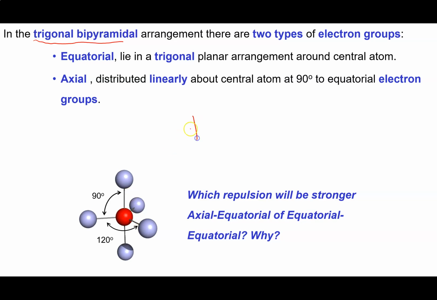Is the trigonal bipyramidal electron group arrangement. We see this for steric number equals 5. It's interesting because we have 2 types of electron groups. There are these axial ones, and then there are these equatorial ones.